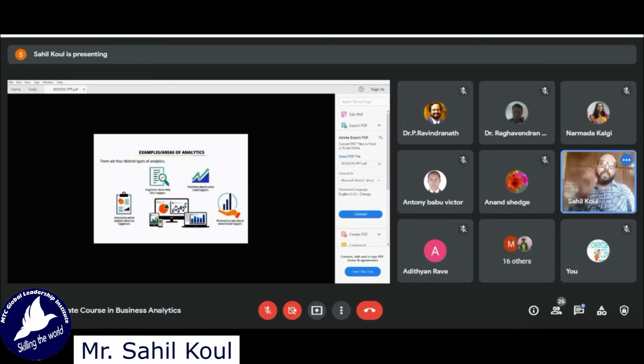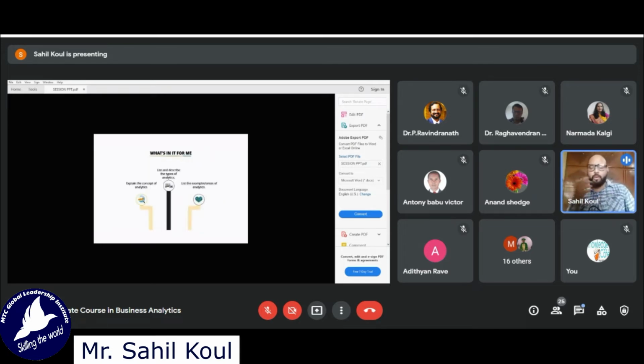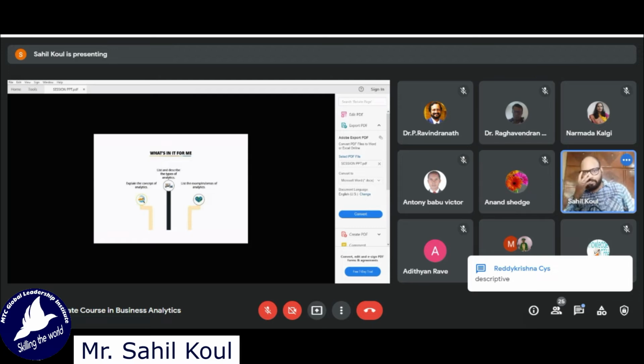Now, if we drill down analytics as a whole, we have basically four distinct types of analytics. Before we drill down, does anybody know what those four types are? Anybody who knows the four types of analytics? Okay. Somebody has written descriptive, predictive.